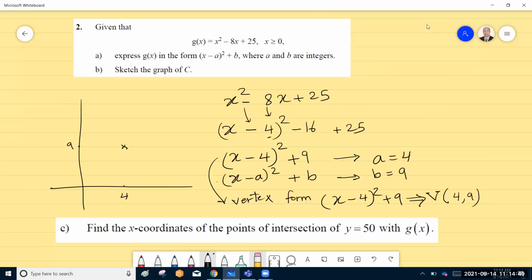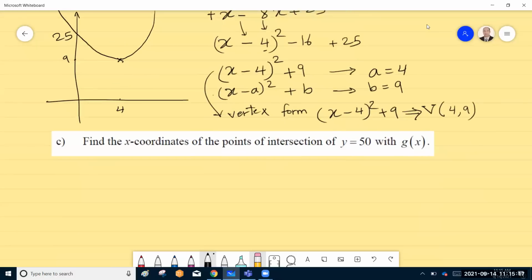The parabola, because x squared is positive, opens upward like this. It cuts the y-axis at some point here. The y-intercept is the constant term 25, the point that exists when x equals 0. To find the y-intercept, put x equals 0, so 0 minus 8 times 0 plus 25 gives you 25. This is a sketch of the graph.